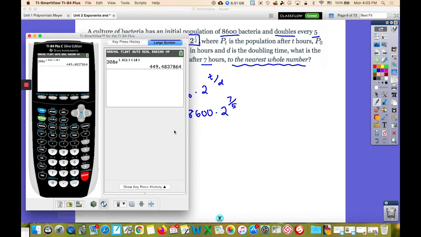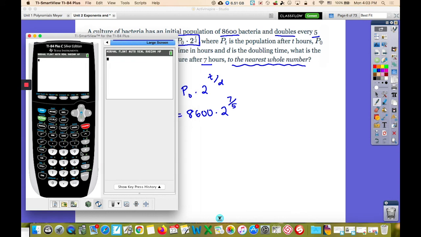So let's go back to my calculator here, clear this out. That would be 8,600 times 2 to the power of, and I'm just going to be careful here. I'm going to put this in parentheses. If you have an older calculator, you would need parentheses in this power. I will hit enter. 22695.5.